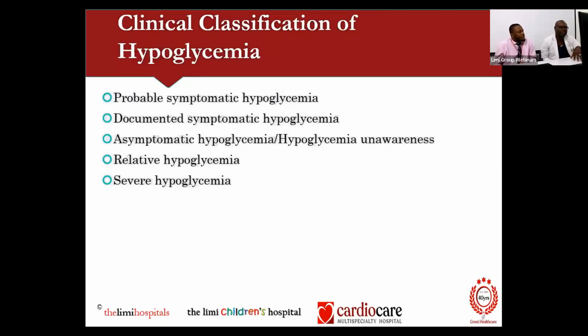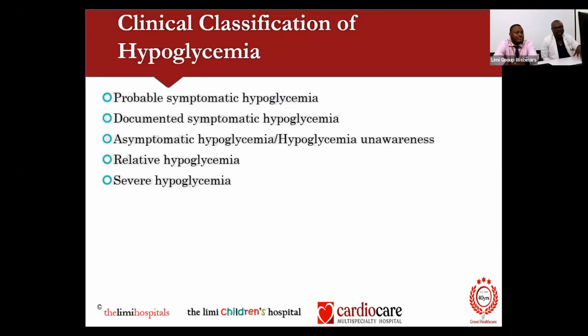These are signs of hypoglycemia, but there's no actual test of blood glucose to ascertain if this patient is hypoglycemic. We call it probable symptomatic hypoglycemia. In such situations, we also treat the patient, knowing fully well that probably it might be hypoglycemia.